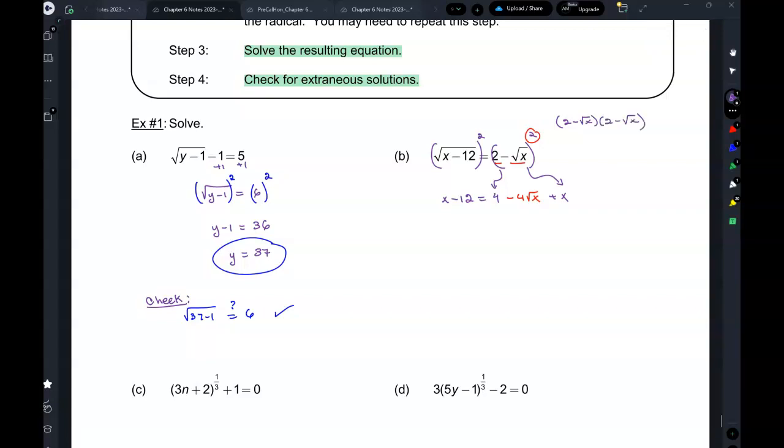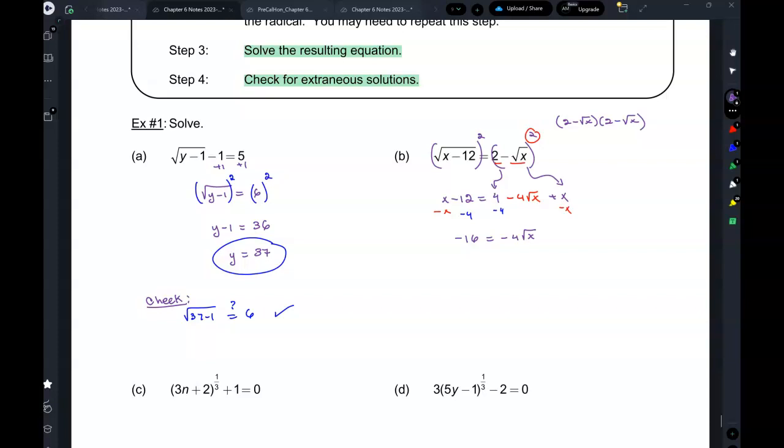Now, let's isolate the radical. So what I want to do is subtract x from both sides. Oh, look, it went away. Subtract 4 from both sides. So I get negative 16 is equal to negative 4 root x.